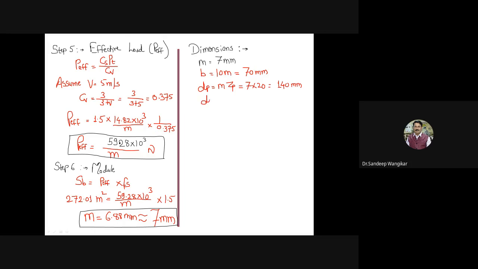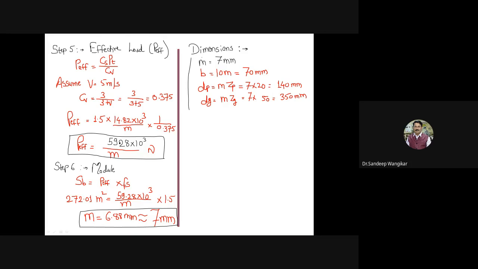I will say dg, m into zg, 7 into 50, 350 millimeter. Okay, so we have written here pitch circle diameter PCD for pinion, PCD for gear, face width and module calculation. So these are the dimensions.